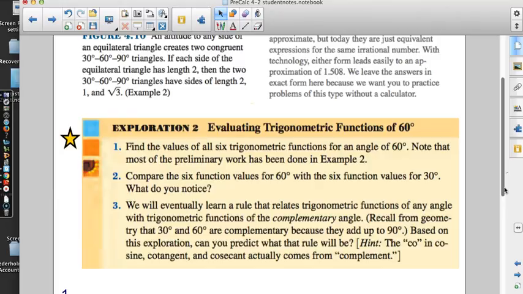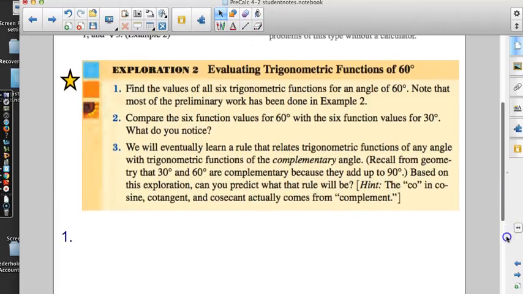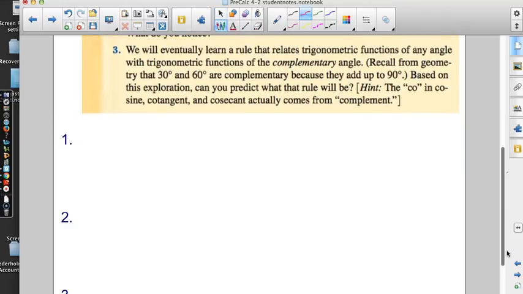Note, most of the preliminary work has been done in example 2. Well, that's because we already had the triangle. 30, 60, and 90, it's very easy to see. The short side is 1, the hypotenuse 2. The other side is the square root of 3. That's what we need. It's the same one.